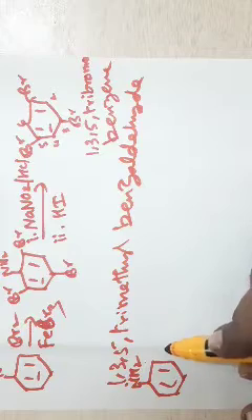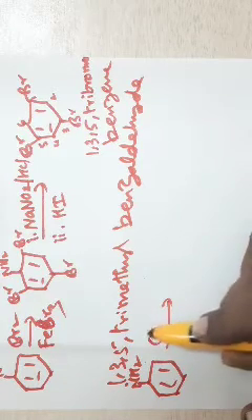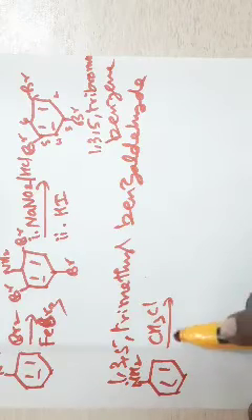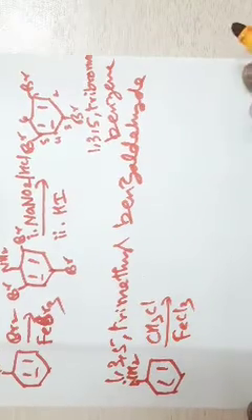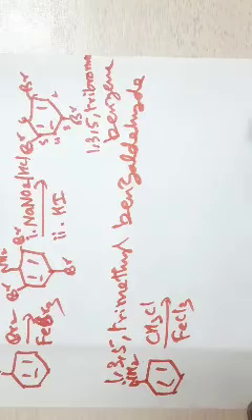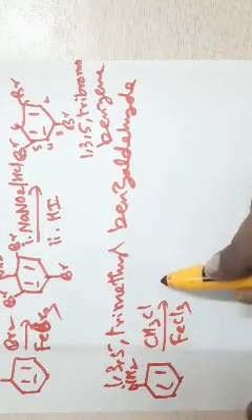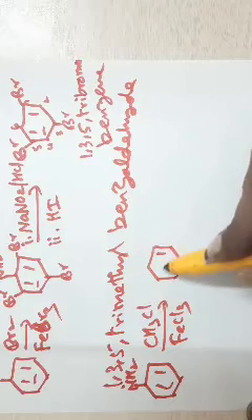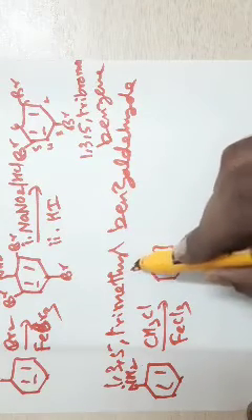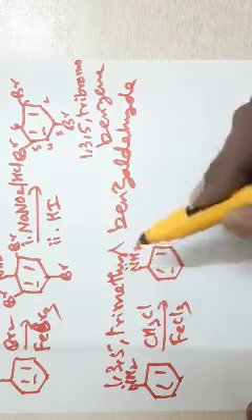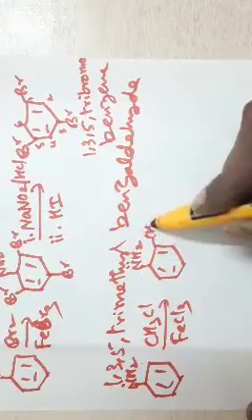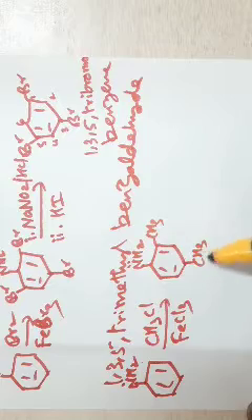If you carry out the Friedel-Crafts alkylation reaction, methyl chloride, Lewis acid catalyst, FeCl3, then what happens? Amino group is an activating group, so it is directing the methyl group to all the ortho and para positions.